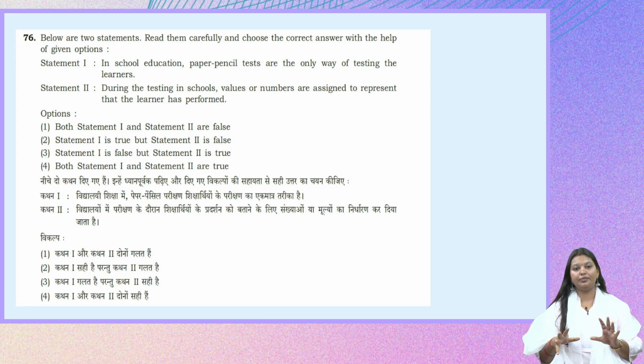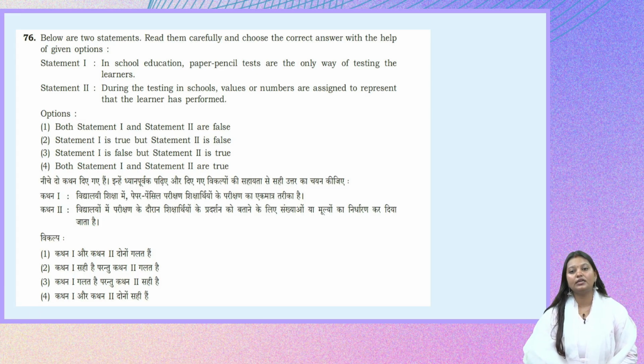Below are two statements. Read them carefully and choose the correct answer with the help of given options. Statement 1. In school education, paper pencil tests are the only way of testing the learners. Statement 2. During the testing in schools, values or numbers are assigned to represent how the learner has performed. If you see both of these statements, we need to tell whether these statements are true or false.